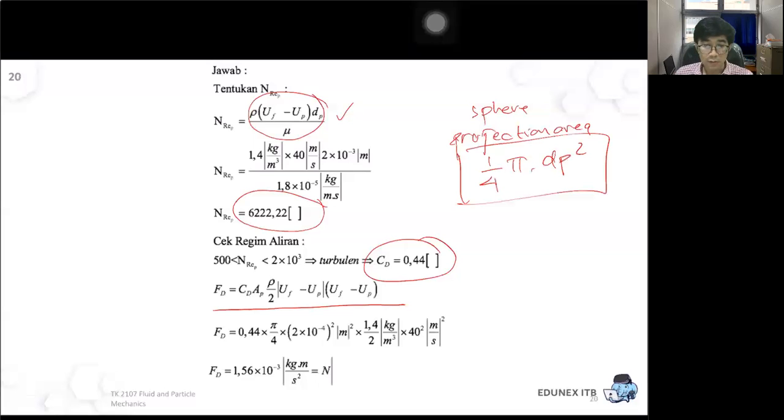Okay, please check whether the numbers are correct. Any question? Is the value of the drag force correct? 1.56.